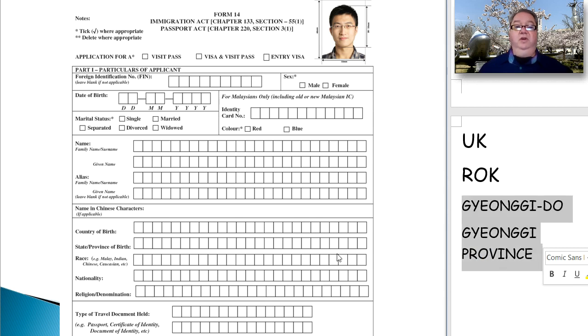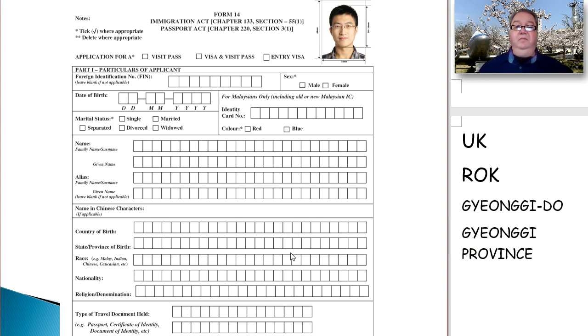If you're writing Gyeonggi-do, there will be a dash between Gyeonggi and the word do. In the U.S., we have states. All right. So I would write, I was born in Kentucky. That would be my state.